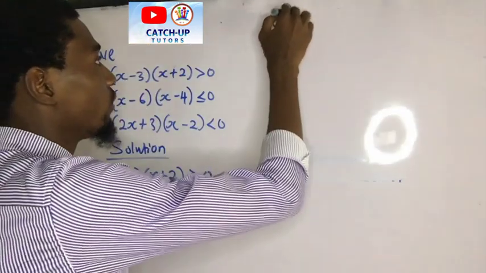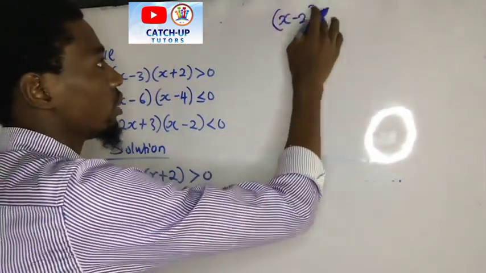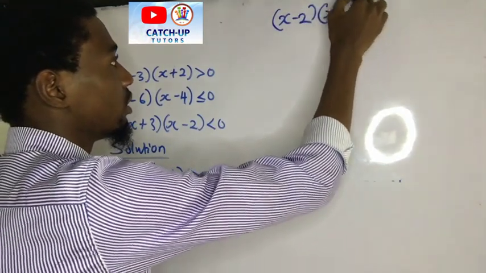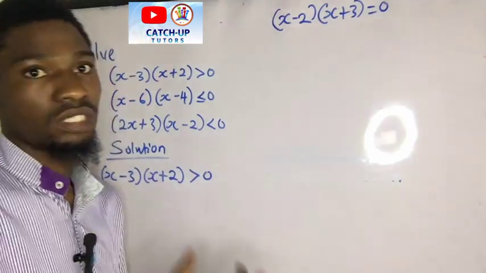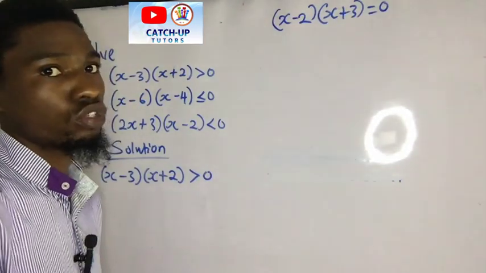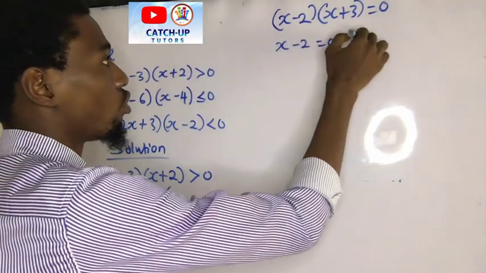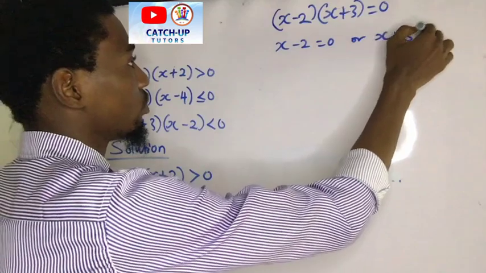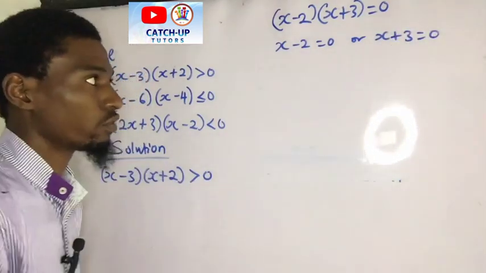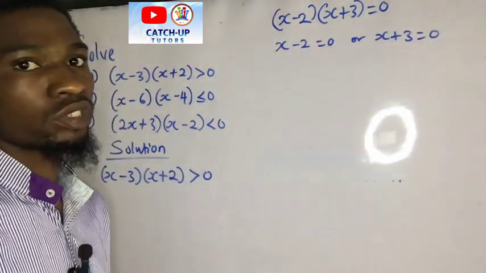If you have (x minus 2)(x plus 3) equals 0, this is a quadratic equation. So what we do is x minus 2 equals 0, or x plus 3 equals 0. Why do we make use of "or", why not "and"?